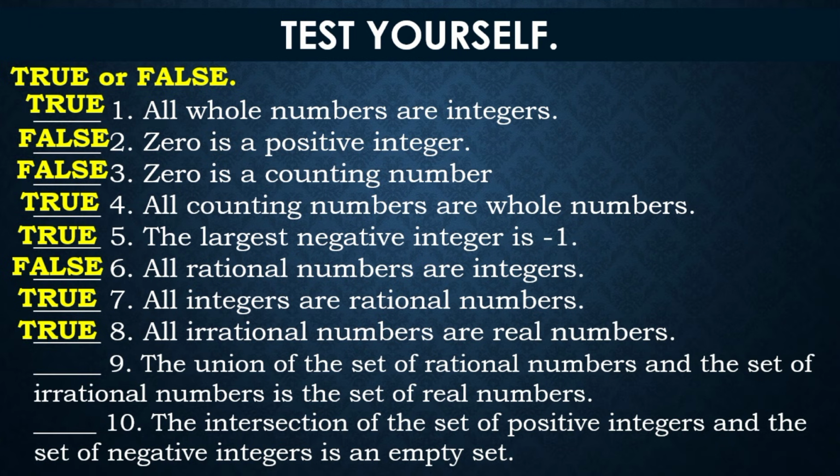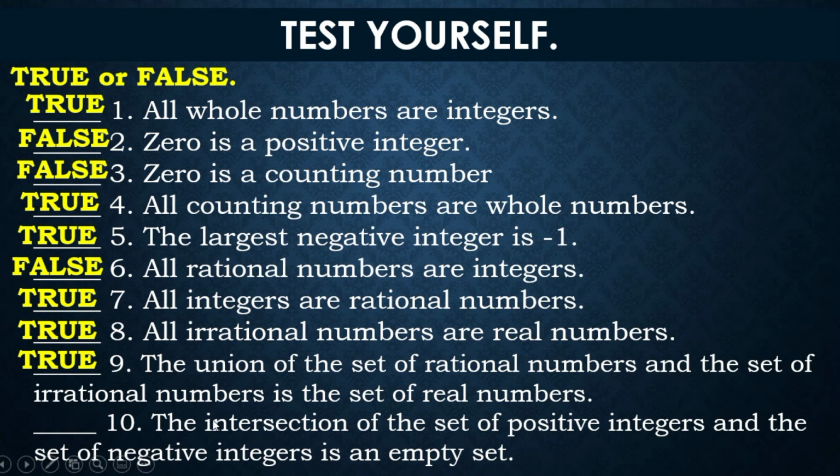Okay, ayun. And then next, number 9, the union of the set of rational numbers and the set of irrational number is the set of real numbers. Pag pinagsama ba natin yung rational at irrational is real number? Okay, if we will try to get the combination, yes, that is the real number.